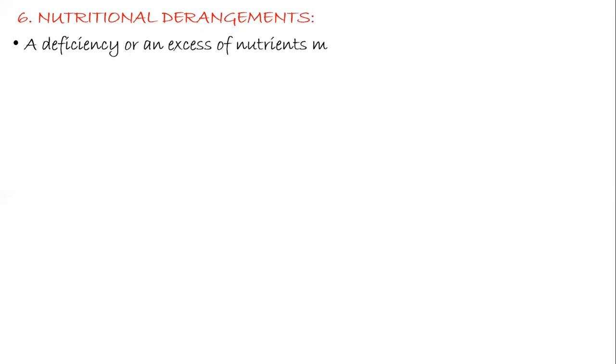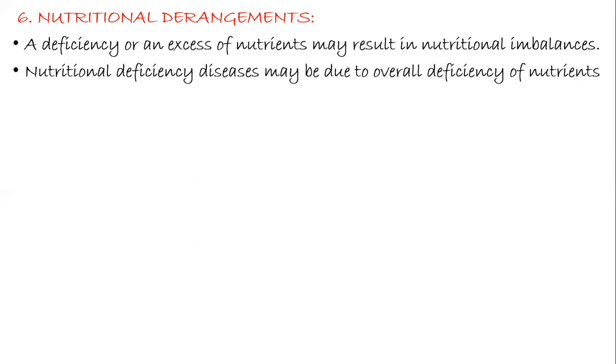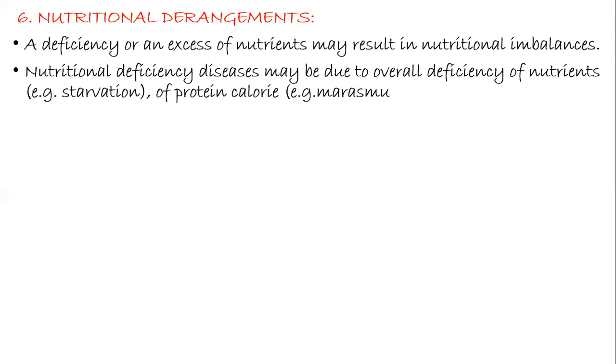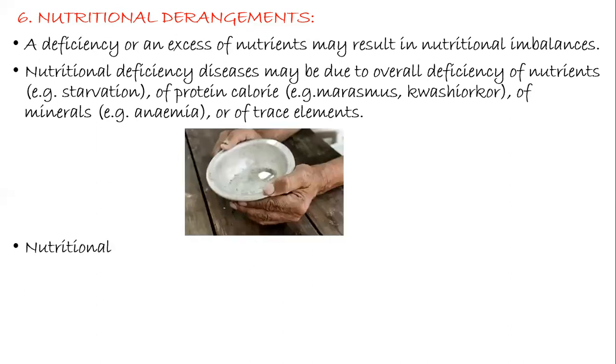The next cause is the nutritional derangement. A deficiency or an excess of nutrients may result in nutritional imbalances. Nutritional deficiency diseases may be due to overall deficiency of nutrients, example, starvation, or it can be due to deficiency of protein calorie, mostly called marasmus and kwashiorkor, or it can be due to deficiency of minerals causing anemia or deficiency of trace elements.